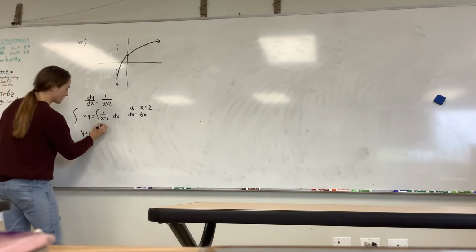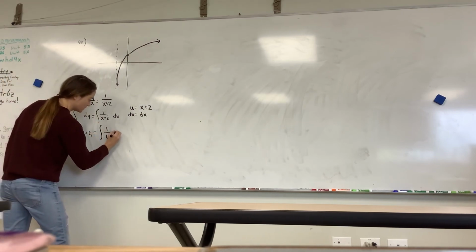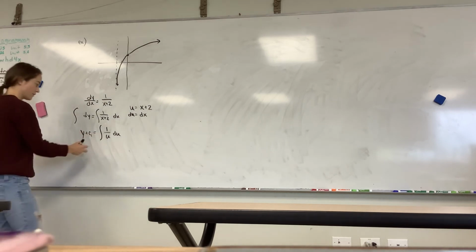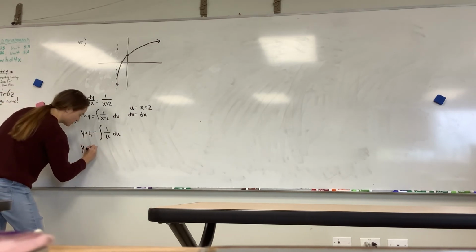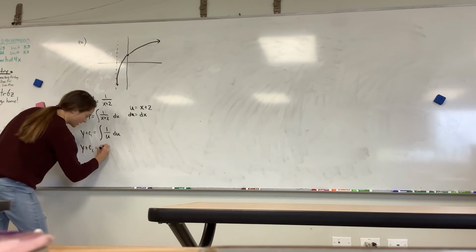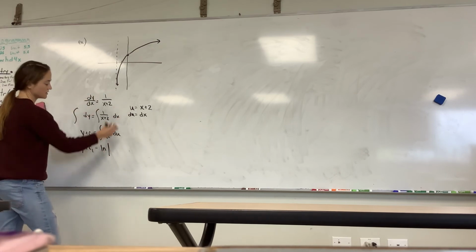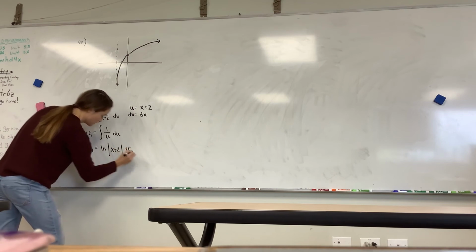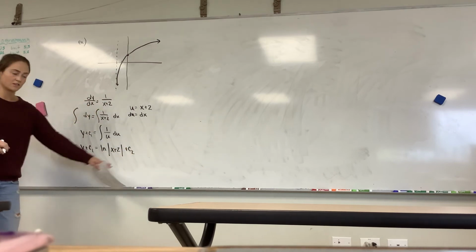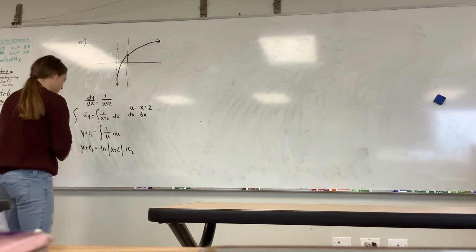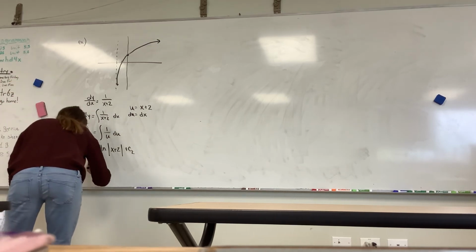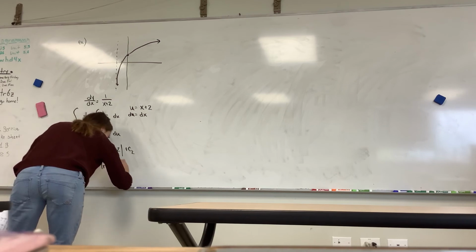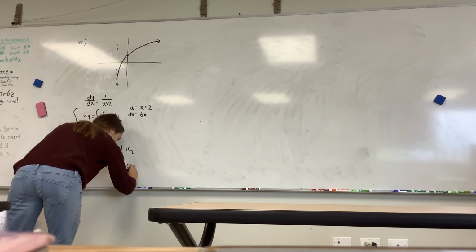So I get the integral of 1 over u du. Now I can integrate that, so I have y plus c1 is equal to the natural log of u, which is x plus 2, and then plus a c2. I'll bring this c1 over, and I get that y is equal to natural log of x plus 2 plus a c3.